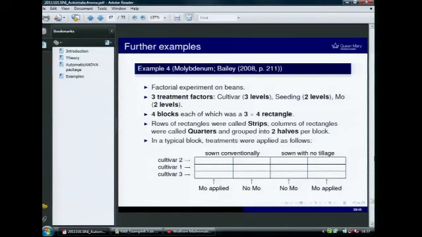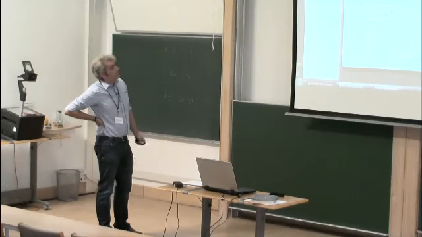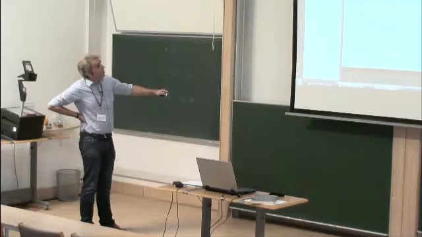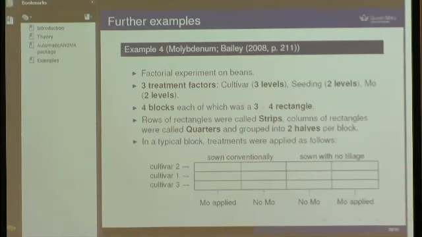We have 3 treatment factors: cultivar with 3 levels, seeding with 2 levels, and molybdenum with 2 levels. And then we call the rows of each block strips, each column of a block quarters, and we group within each block 2 columns into a half, so we have 2 halves per block.